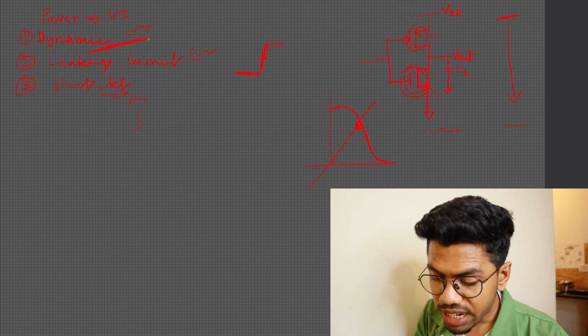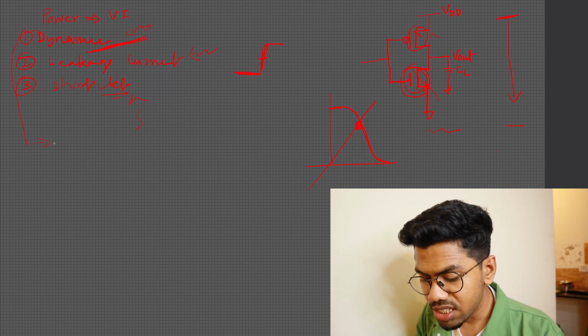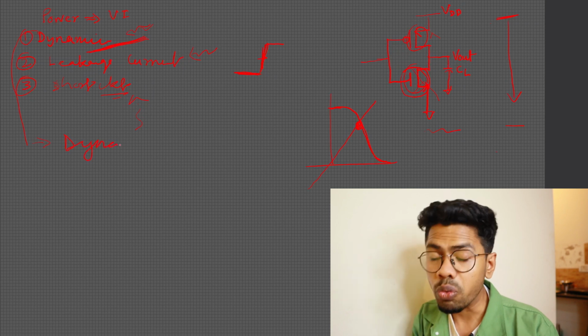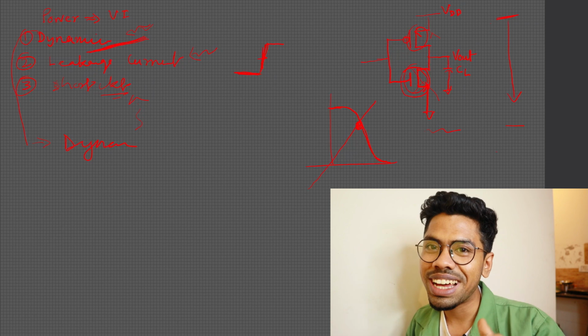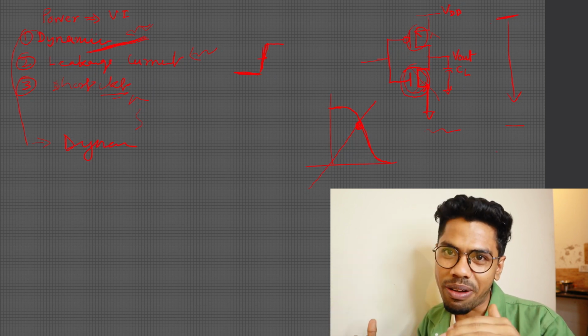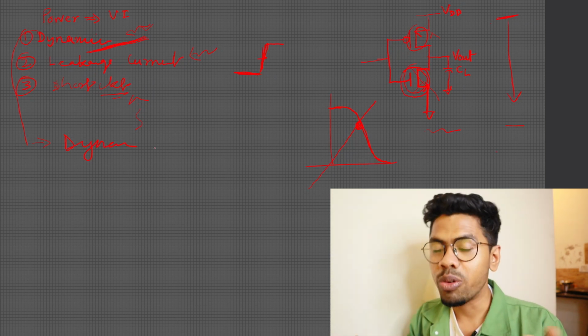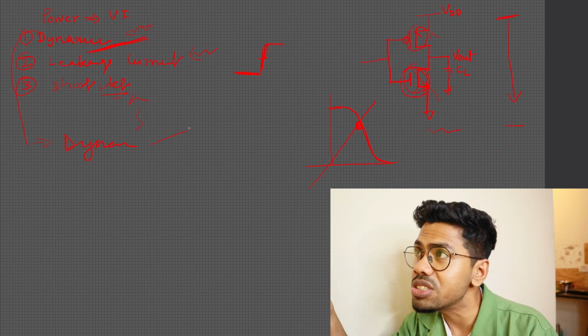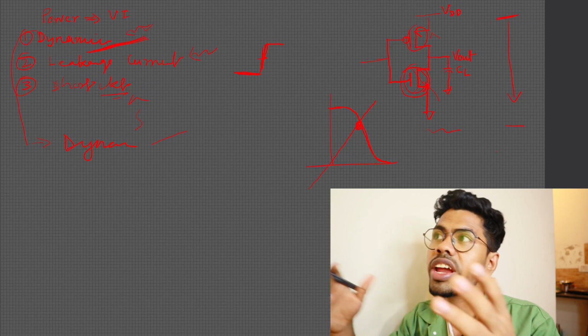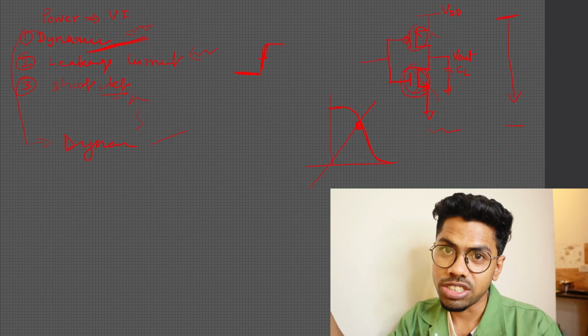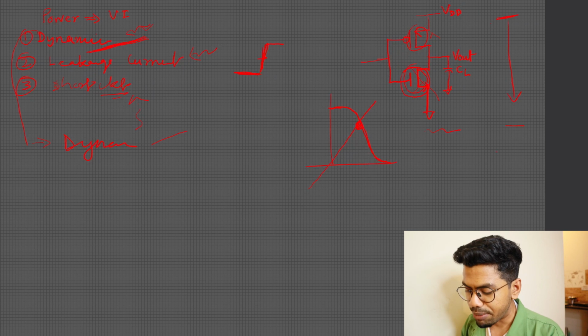Why? Because dynamic, as the name suggests, is the power dissipation when you are changing your signal. That means reducing the frequency of the signal implies less dynamic power. I will explain this, but here we can't reduce the frequency because we want a high-performance device, which means a great frequency response, but we can do something to reduce this dynamic power.